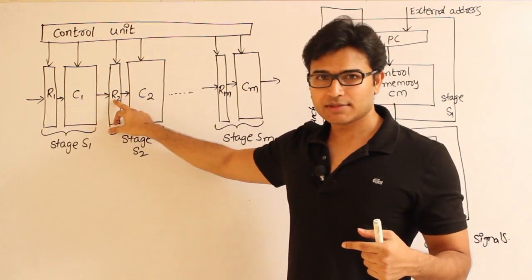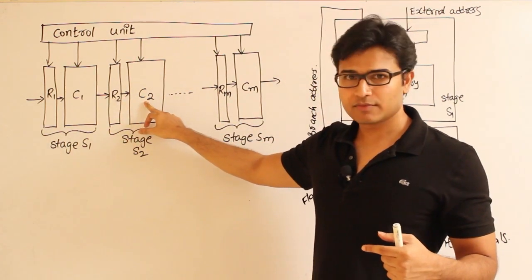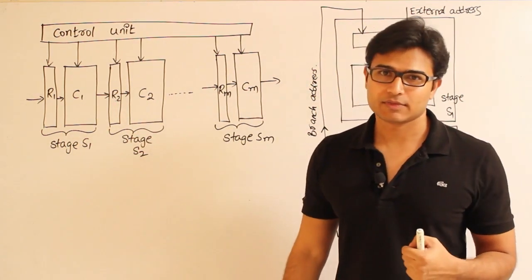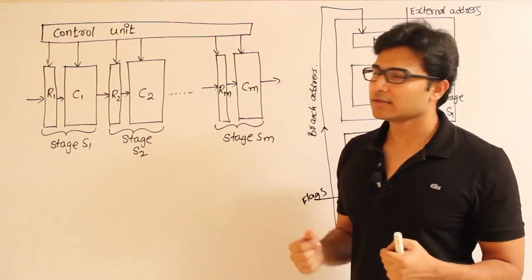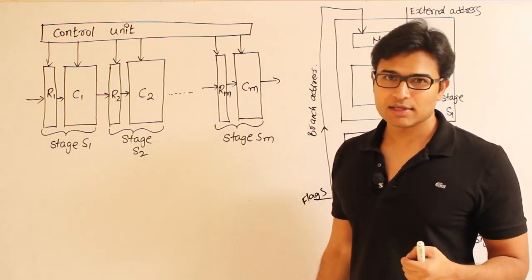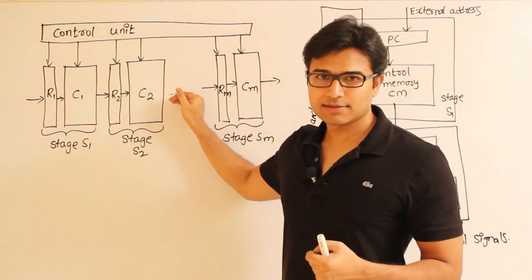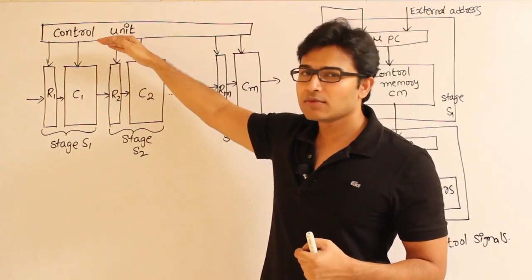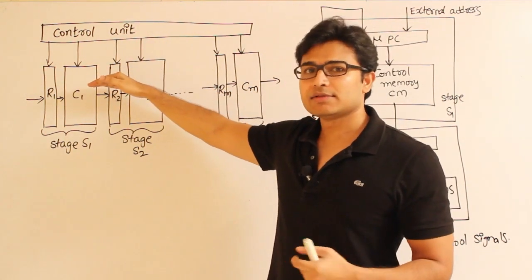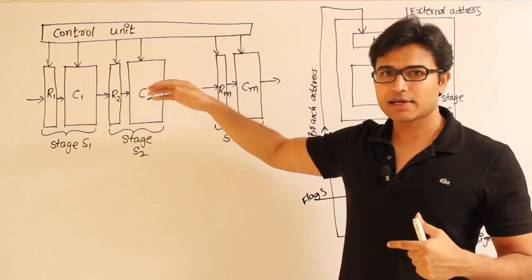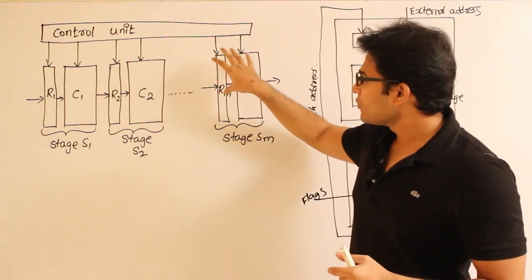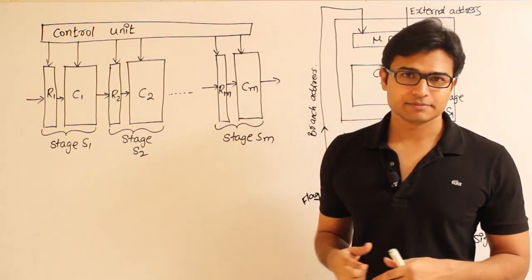R2 are the buffers for C2, and R2 and C2 are together called stage 2. Similarly, we have n stages, and all these stages are managed by our control unit, which gives the timing signals and control signals appropriately so that the data moves between them accordingly.